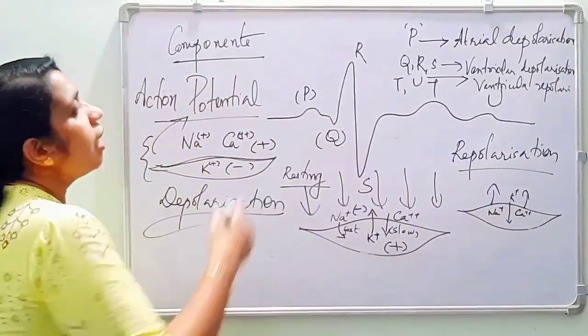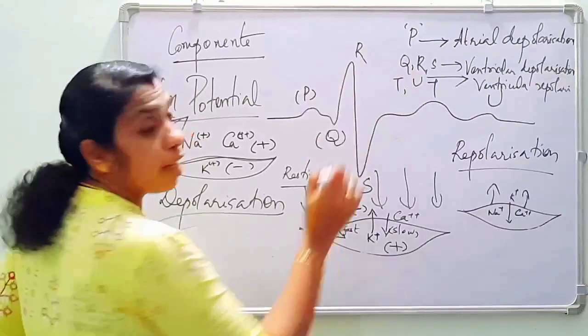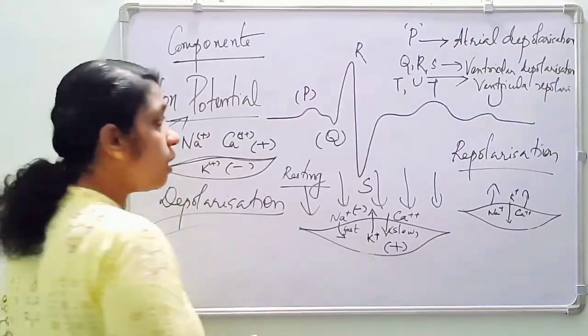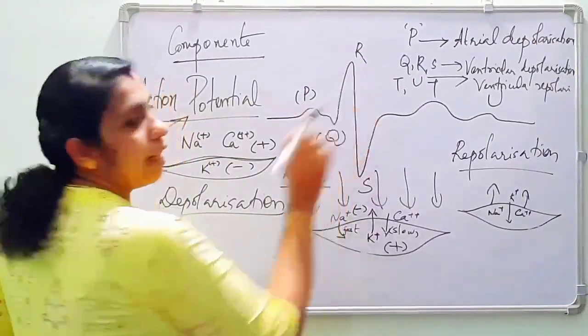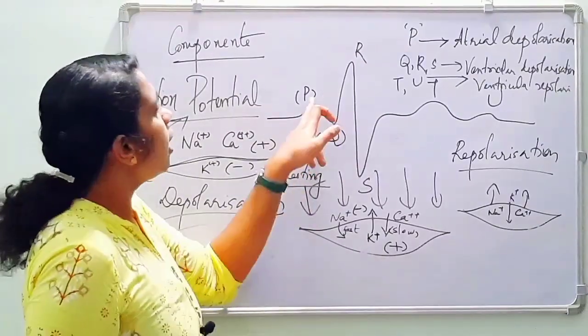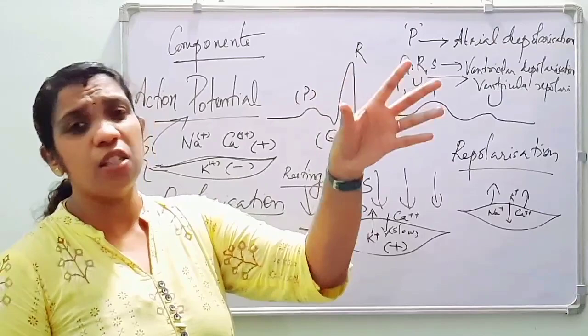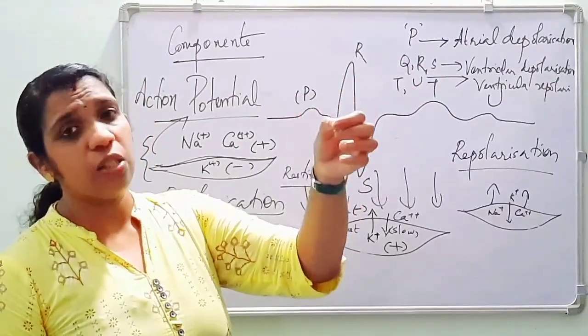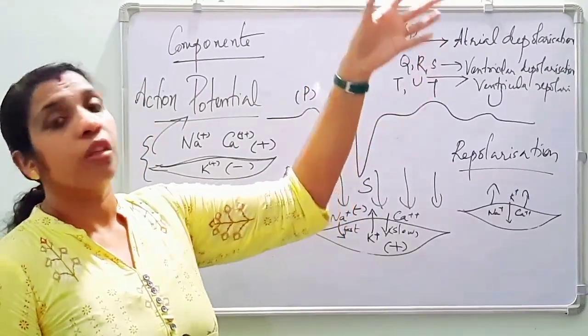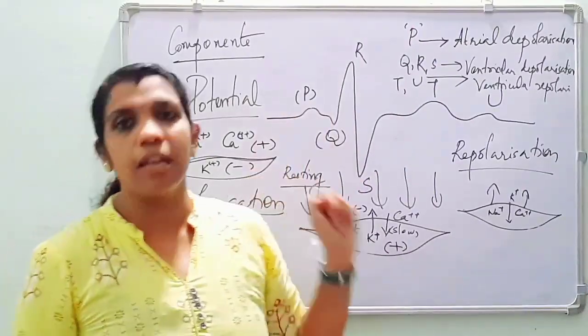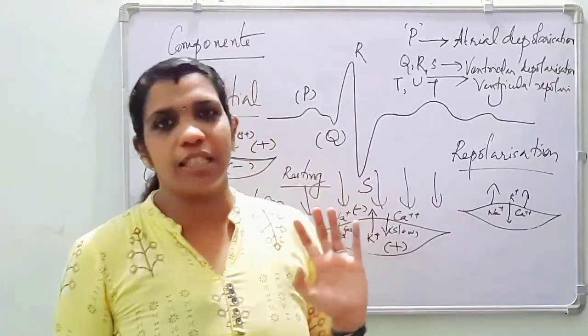Why? Because this atrial repolarization wave gets merged in between the PR interval, in between P and R. In between this P and R, atrial repolarization takes place, and it is a very, very small wave. The electricity is very, very small, so it is not depicted in our ECG. Understand?